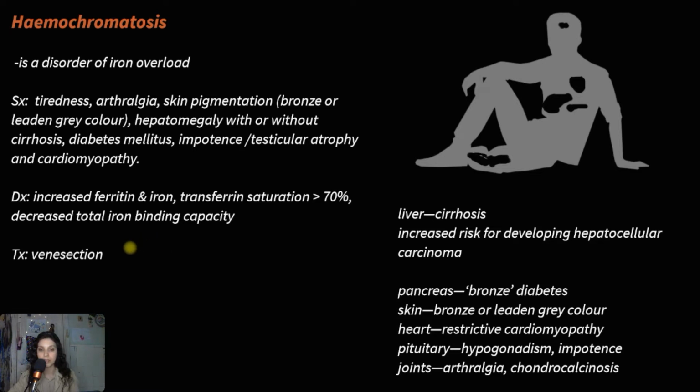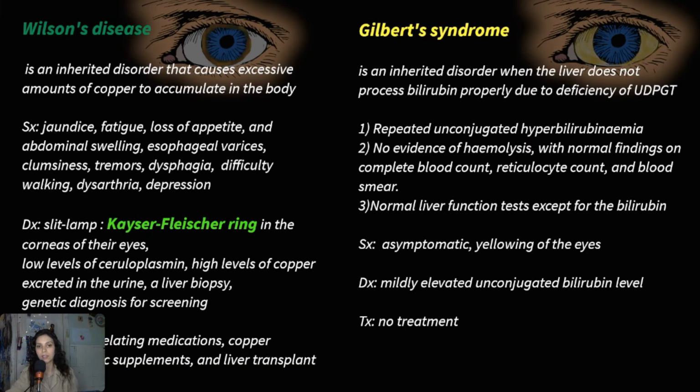So treatment is venesection. And also I wanted to tell you that there is hereditary hemochromatosis, which is a genetic condition. Also there is secondary hemochromatosis, for example due to chronic hemolysis and multiple transfusions.